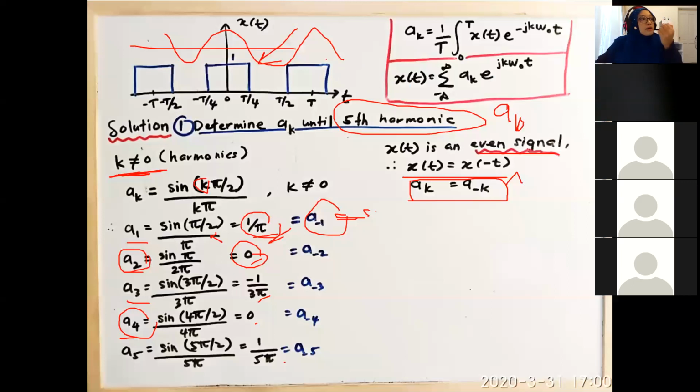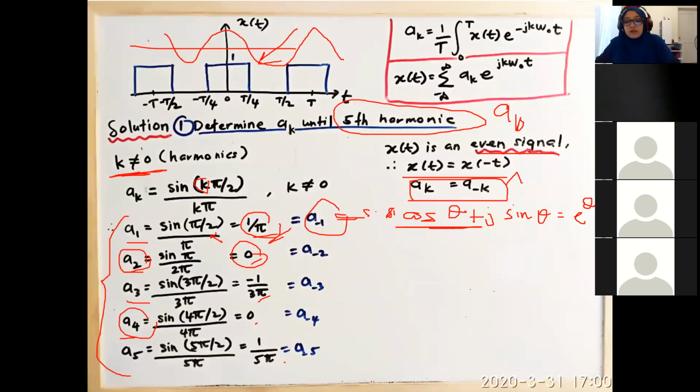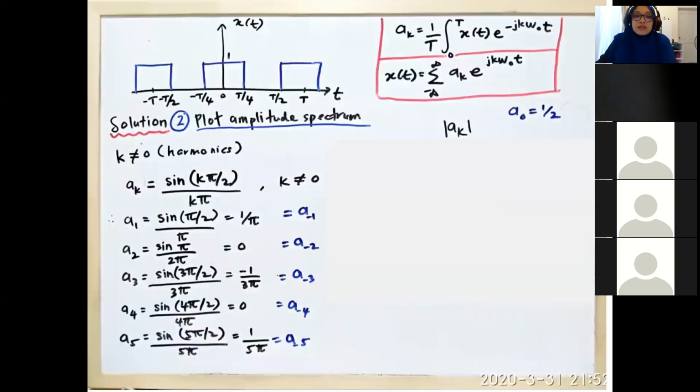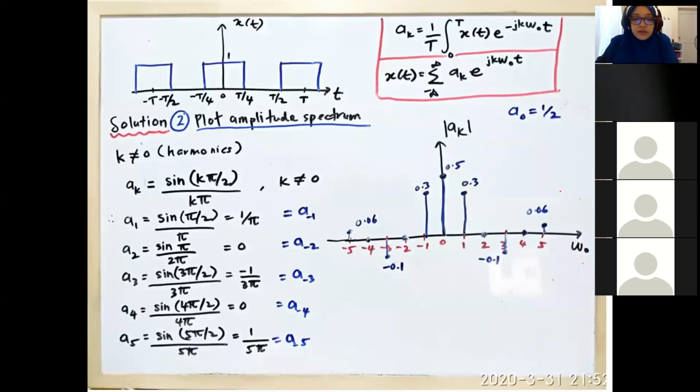As I explained just now, cos theta plus j sine theta equals e to the j theta, so cos theta has no complex value. That's why you see here that all your a_k values have no complex j. So we only need to plot the magnitude Fourier coefficient only.